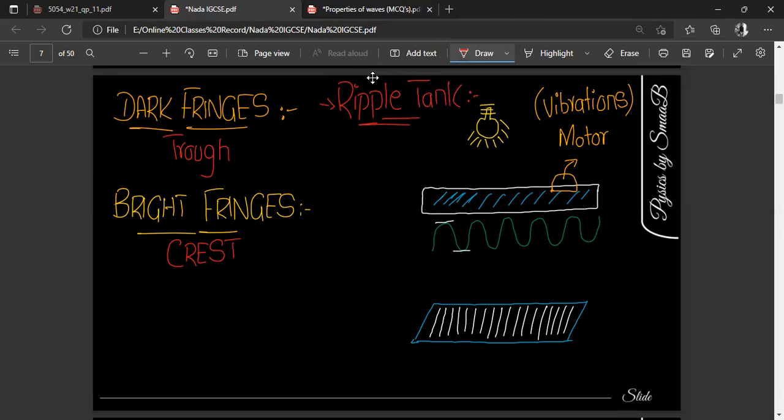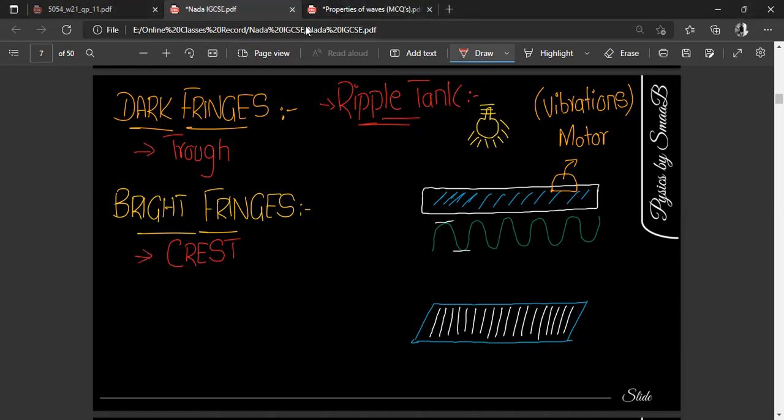So these are three phenomena which normally happen in waves, any type of wave, whether sound wave, light wave or water wave, because water waves are also a kind of transverse wave. So there must be reflection, refraction or diffraction produced there. The main point is that we identify the crest and the trough part of the wave.